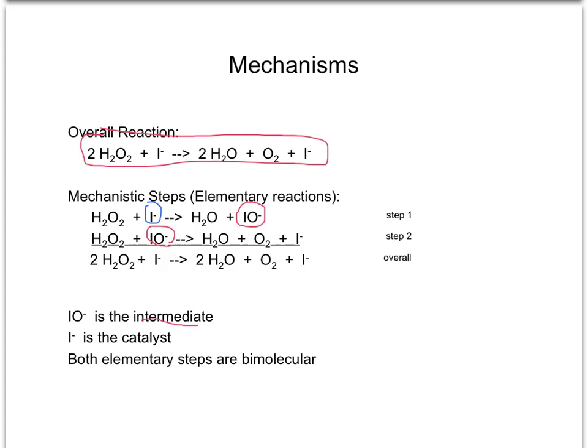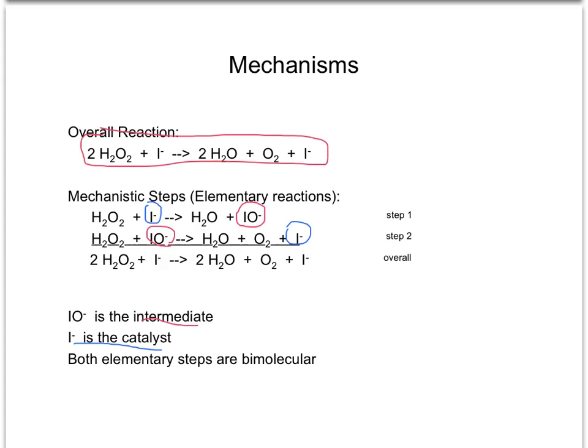It changes the rate of the reaction and the mechanism, and then you end up with the iodide at the end of the reaction. So in other words, it's not consumed. That's going to be a property of the catalyst. And notice in the overall reaction, the IO minus intermediate has been canceled out. It's not given, but the I minus catalyst species are present in the overall reaction.